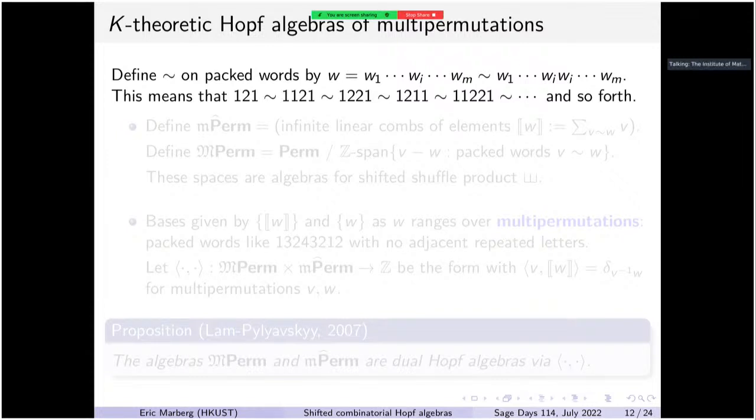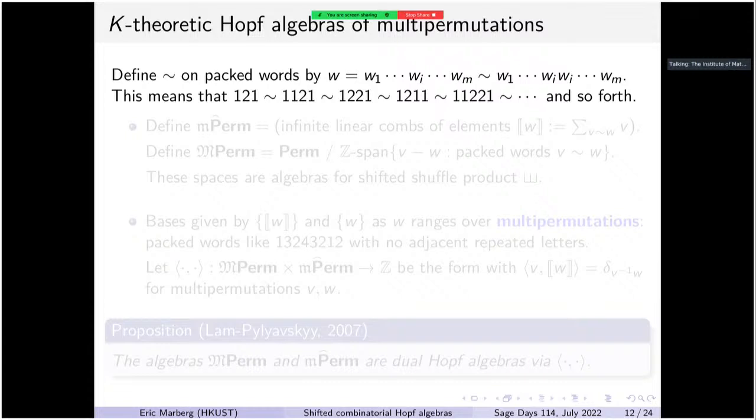Okay, so I want to situate these Grothendieck polynomials in terms of some Hopf algebras, generalizations of the Hopf algebra we saw earlier.